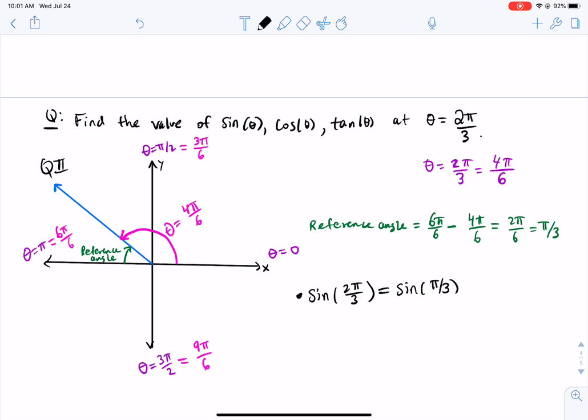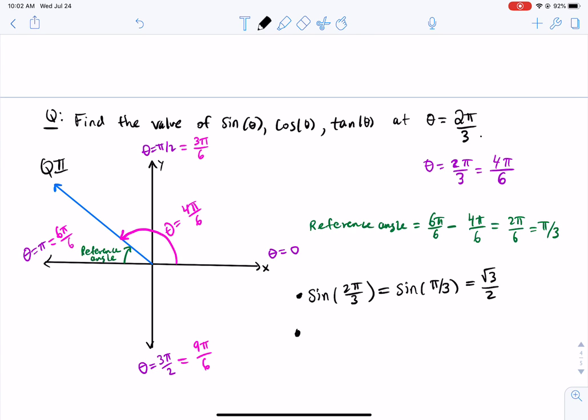Sine, cosine, tangent, they're all positive. In the second quadrant, will sine still be positive? So it's going to be equal to the value of its reference angle. So what is sine of pi over 3? Sine of 60. What is that? Radical 3 over 2.